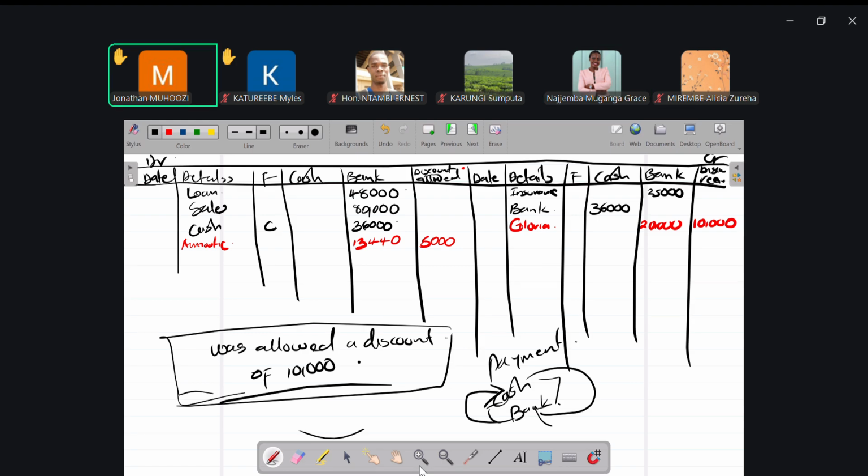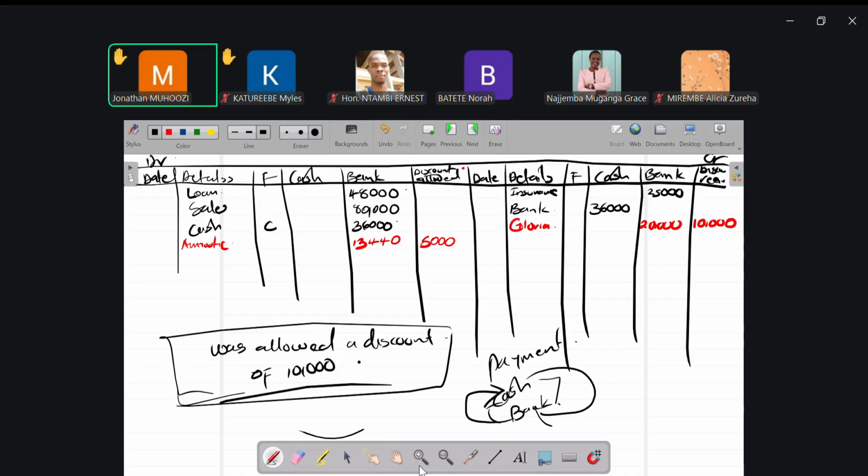Okay, madam. Another question I wanted to ask. When we are finished preparing the cash book, this balance brought down was on the debit side for cash. When we are posting on our ledgers, do we put that balance brought down also on the debit side of cash? Like here we had the balance brought down, it was 200,000 and it was on the debit side of cash.